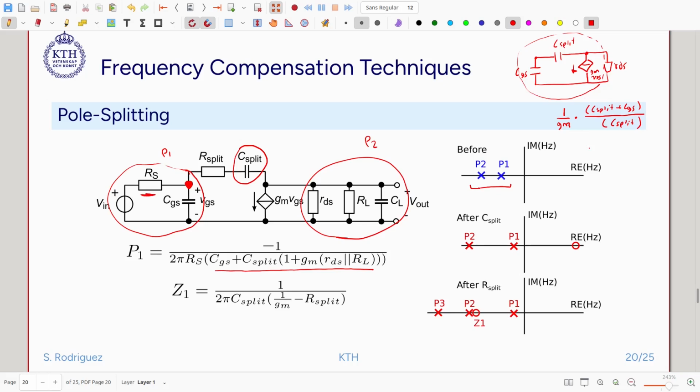So the larger the capacitor connecting the gate and the drain, the larger the influence of 1 over GM here. And 1 over GM is typically much lower than RDS and RL. So actually we will have to put this in parallel to 1 over GM, times (C split plus CGS) divided by C split.